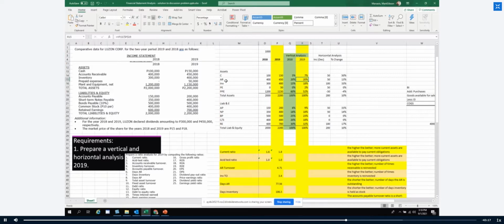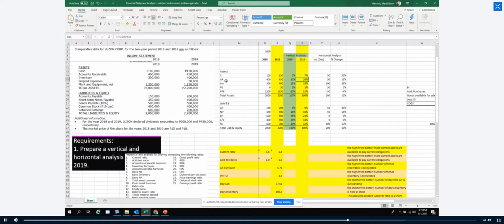So therefore, total liabilities and equity is your baseline. So you can't do 50-50, like you put 50% to liability and the other 50% to equity. If that happens in a given problem, it's purely coincidence, no? So you have to get the total liabilities and equity as your baseline.